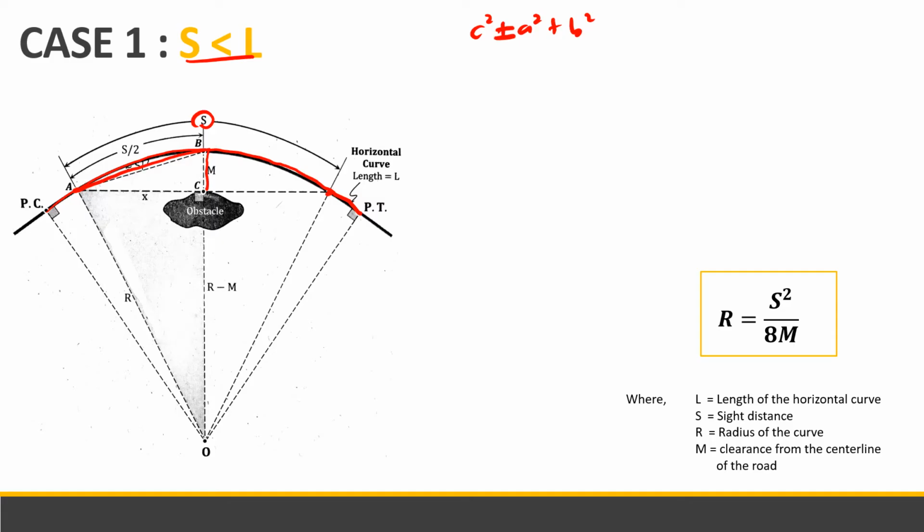So C here is the S over 2 squared equals X squared plus M squared, or the middle ordinate. So X squared is equals to S over 2 squared minus M squared. So this is for equation 1.